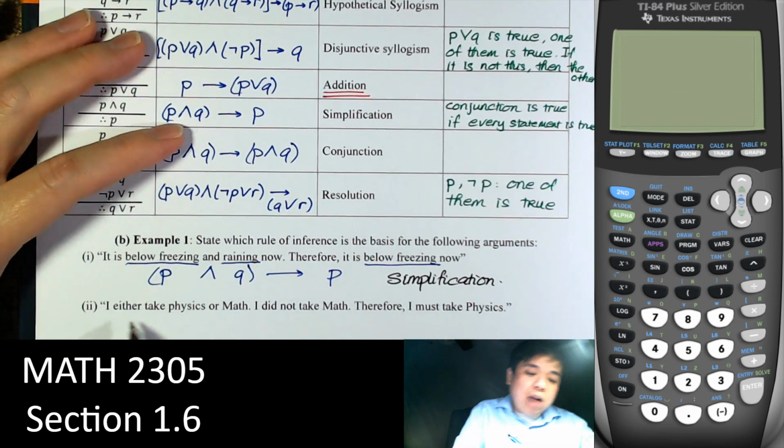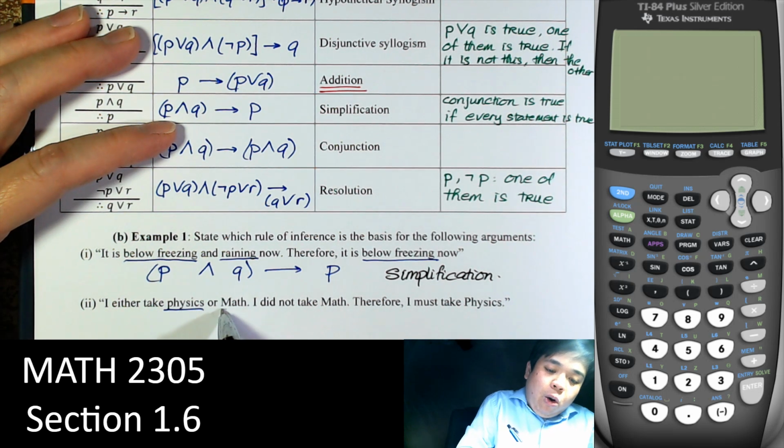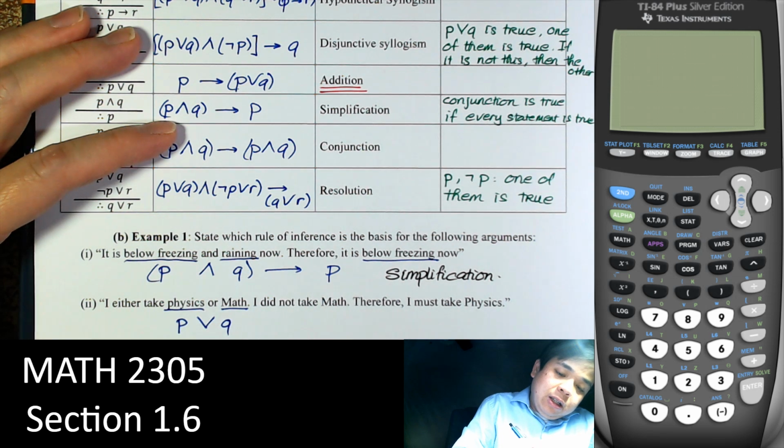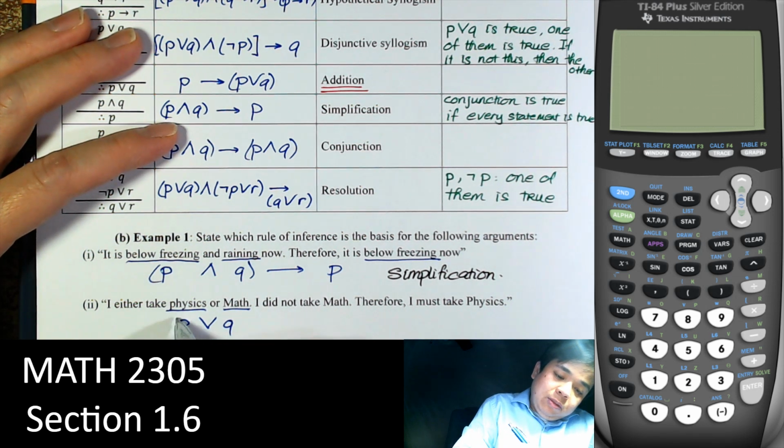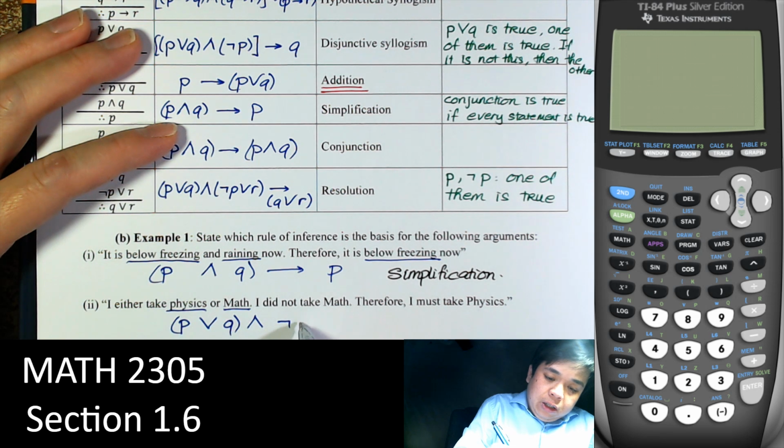Next, I'll either take physics or math. So physics or math. I did not take math. Therefore I must take physics.